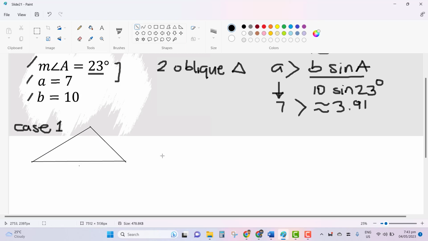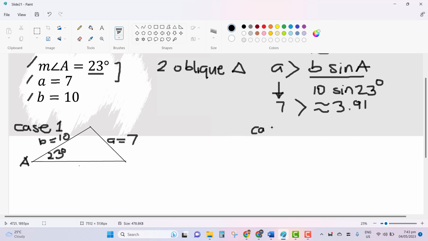So this is the first case where our angle A is placed here. This is your 23 degrees. The opposite side A is 7, and let us have this as your B equal to 10. Okay, this is case 1.